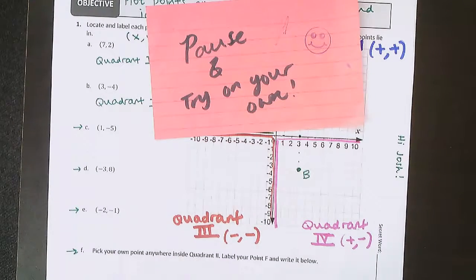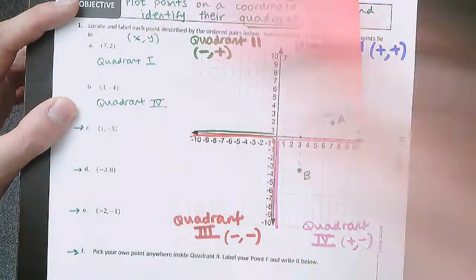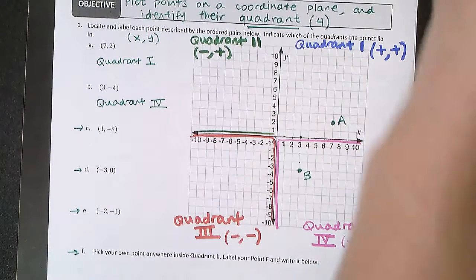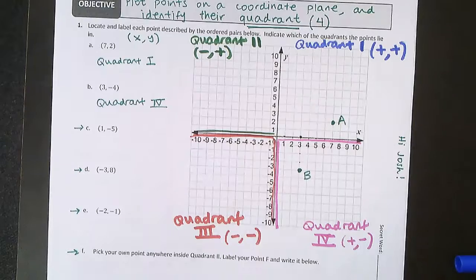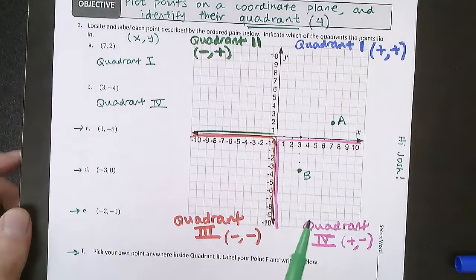So pause and go. And now you are resuming the video to check your work. Remember, make sure you try on your own first before you watch the rest of this video.